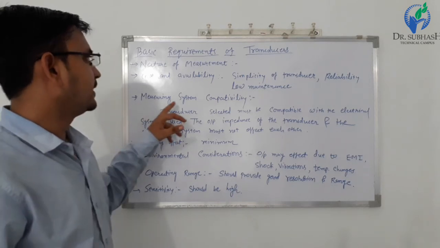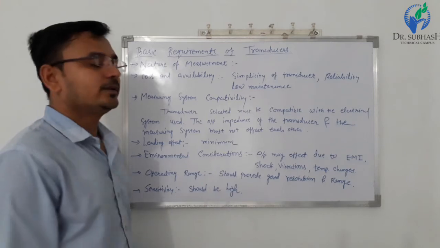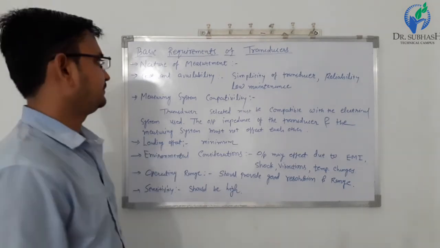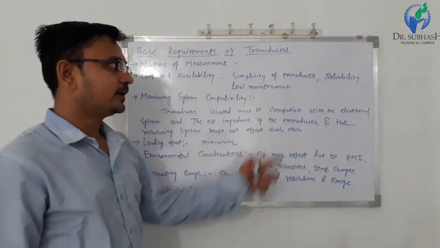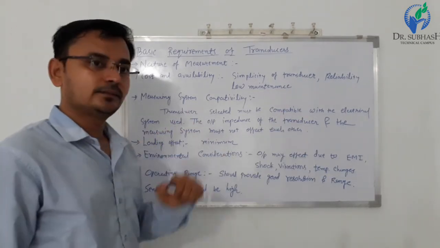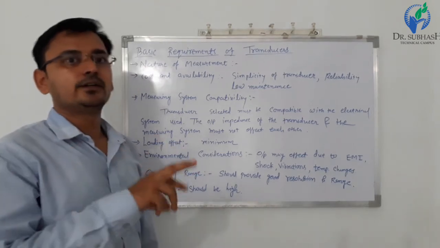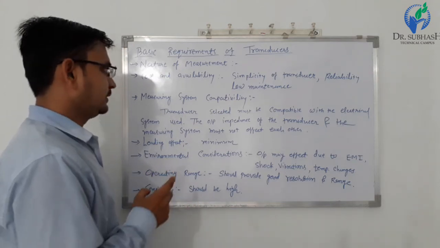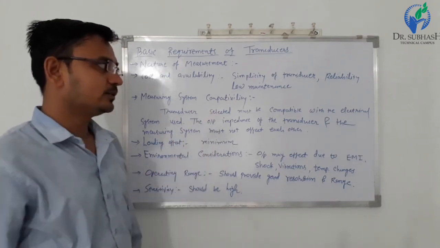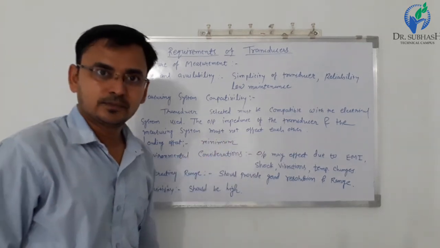Another one is measuring system compatibility. So what is the meaning of compatibility? See, the transducer selected must be compatible with the electrical system used. It means it can easily coordinate with the electrical system. The output impedance of the transducer and the measuring system must not affect each other.